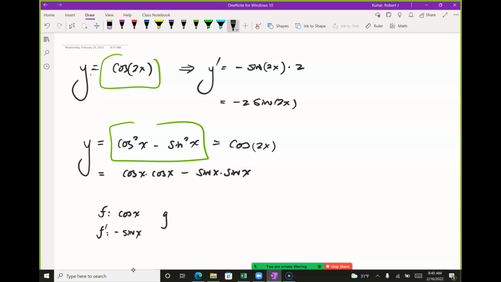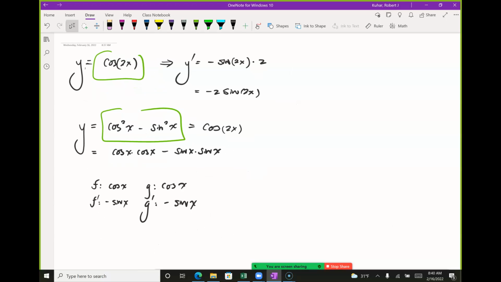So I see that I've got a product of cosines and then a product of sines. So I'm going to do two loops here to get this derivative. My second function here is again cos of x, and then the derivative is negative sine of x.